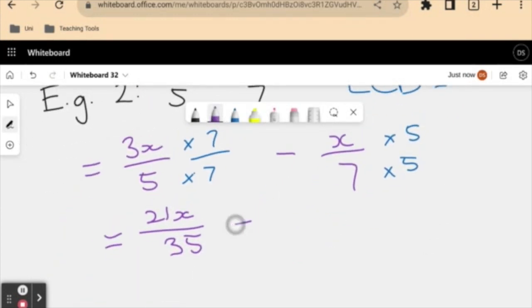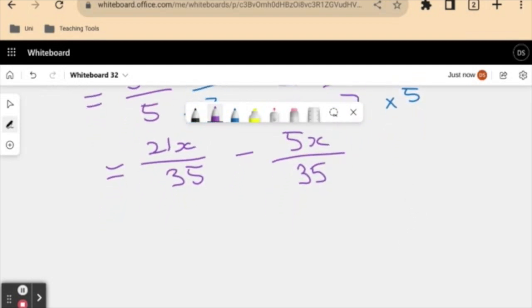And from that, we are going to subtract x multiplied by 5, which gives us 5x, and that's going to be divided by 7 multiplied by 5, so we'll get 35 here.